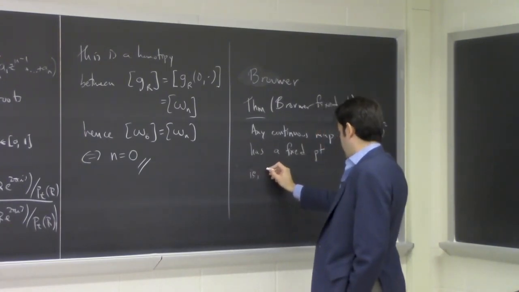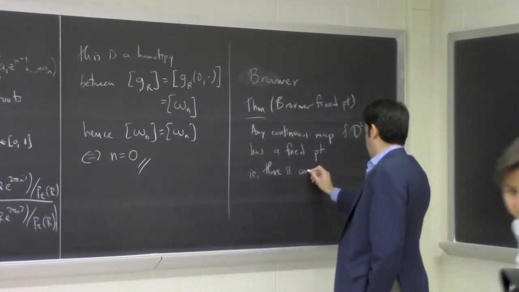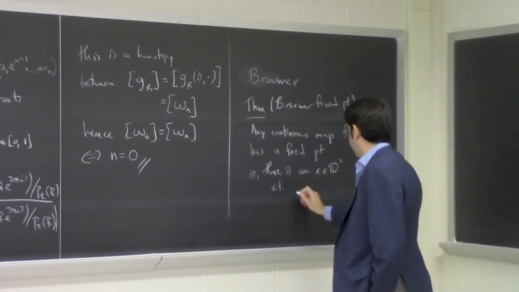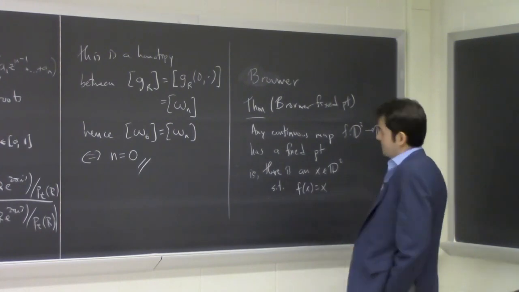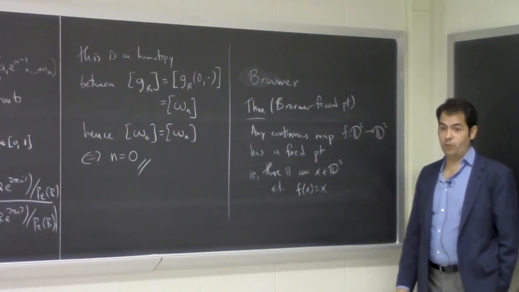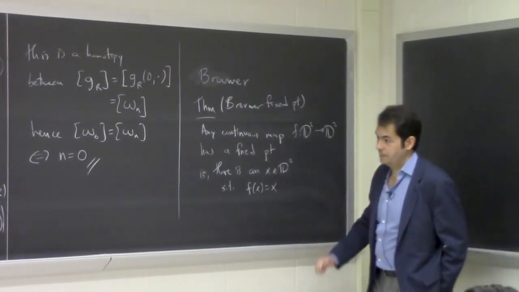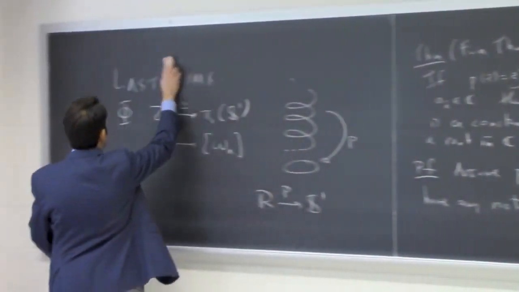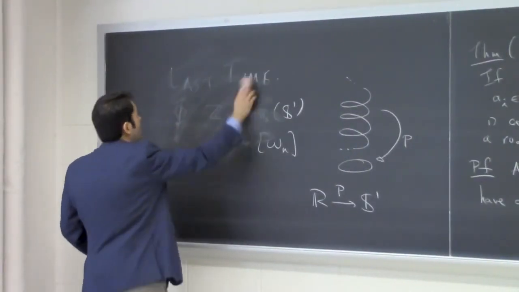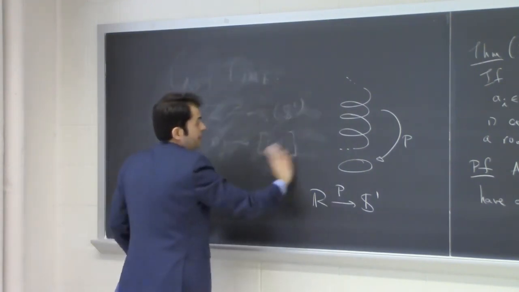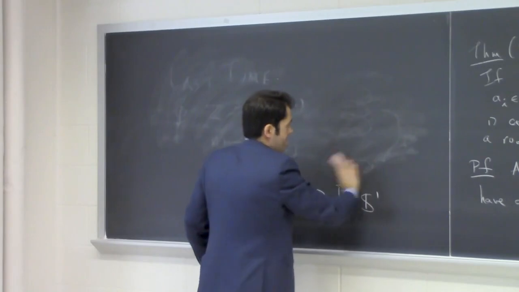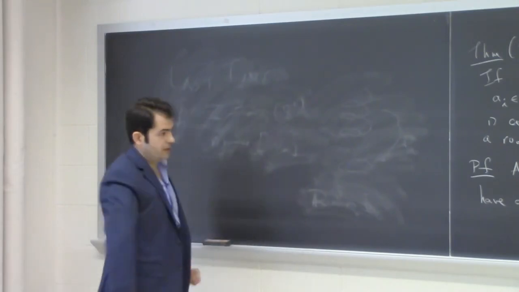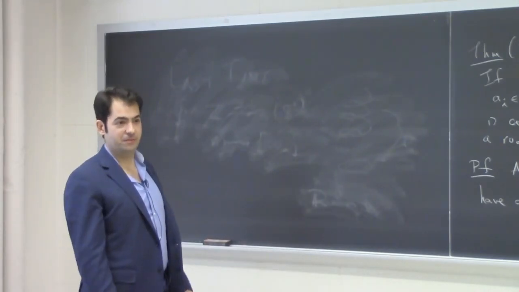So there is some point that f of x leaves where it was. OK. So this is true in higher dimensions as well. And we will prove it in arbitrary dimensions later. But at the moment, our tool just gives us the one for the disk, the two-dimensional disk.